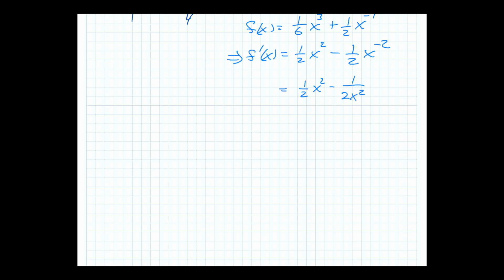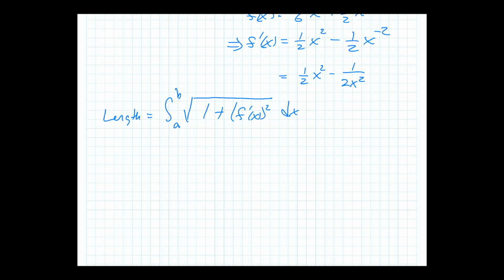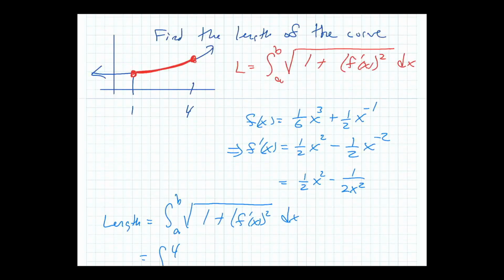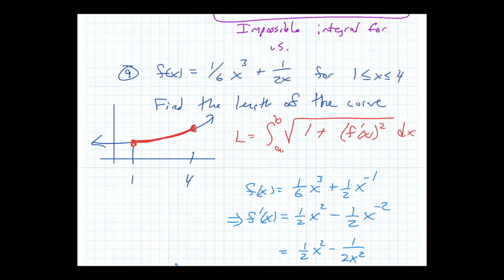That's my derivative, okay? So now let's set up the length. Integral from a to b, square root, 1 plus f prime of x squared dx, and we put in all the stuff we know. So what do we know? We know the limits of integration are 1 and 4 from our picture, from the given information.